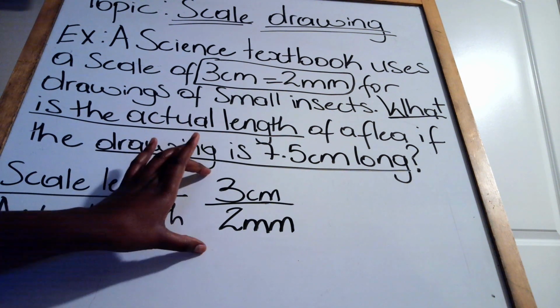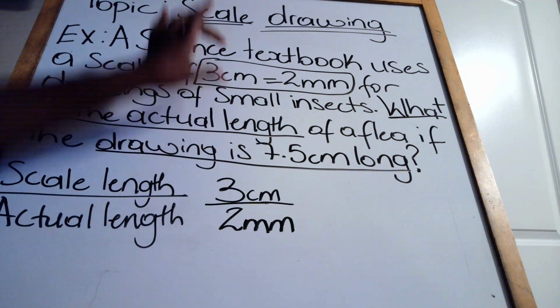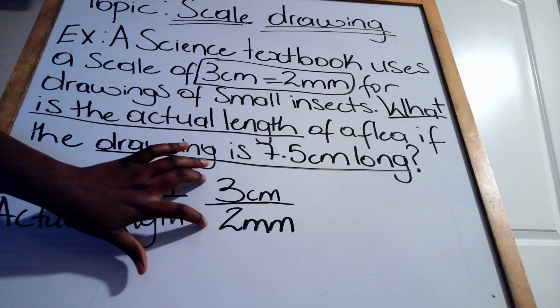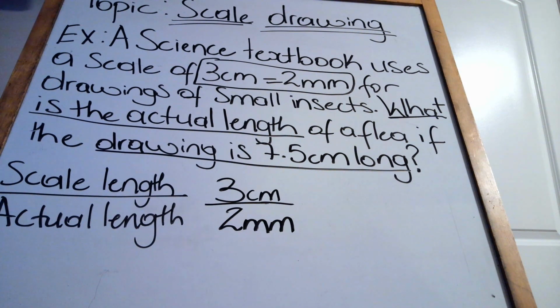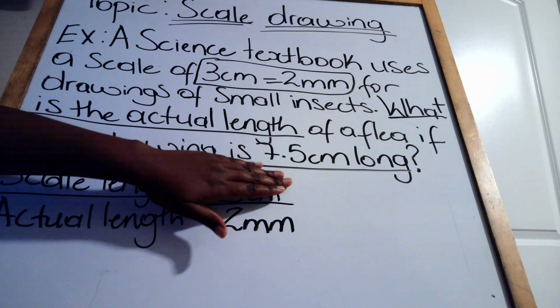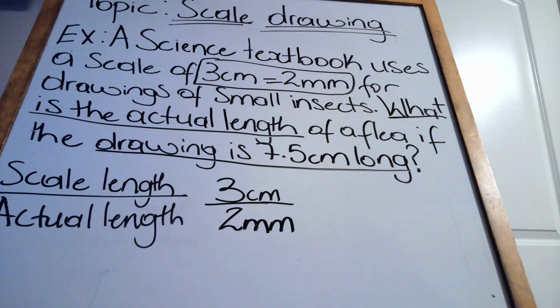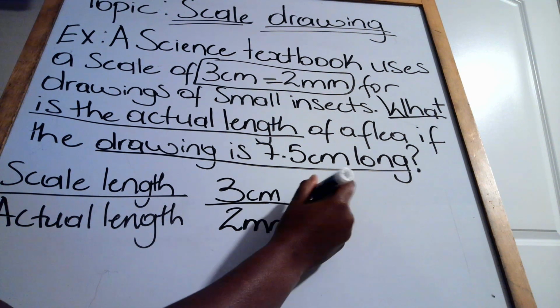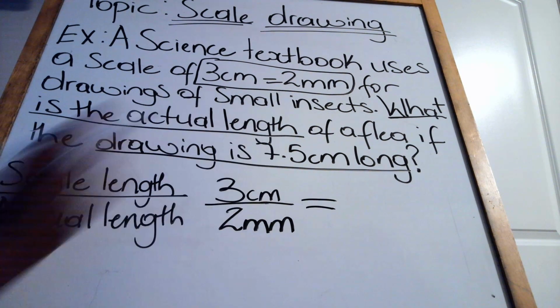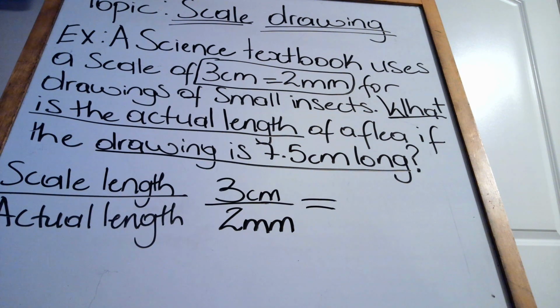After writing the scale that is given as a fraction, we are going to set it as a proportion. 7.5 centimeters is the scale, and remember, scale always goes into the numerator.